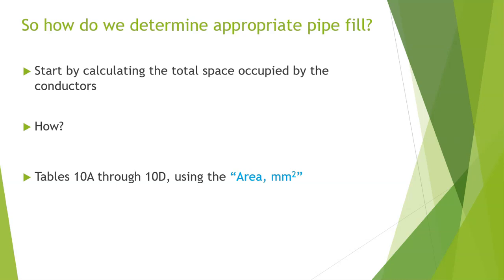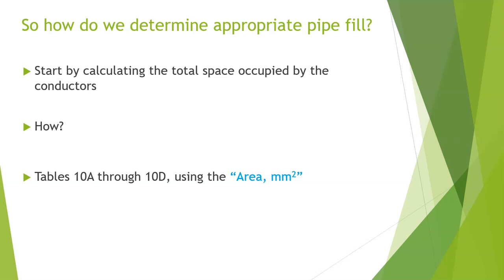So the next question that arises is, how do we actually determine appropriate pipe fill for any given scenario where you have to put a certain bundle of wire inside a raceway, a conduit or a piece of tubing, and now you need to determine what size tubing you actually have to run to house that bundle of wire.